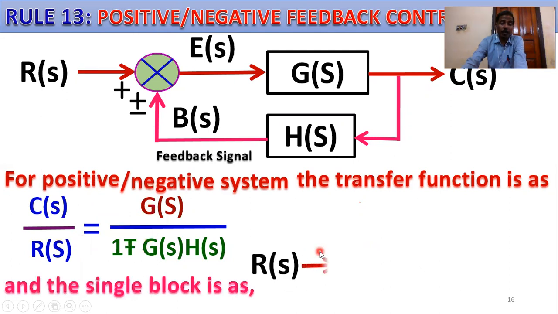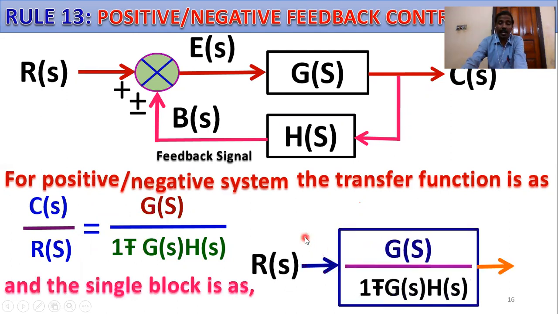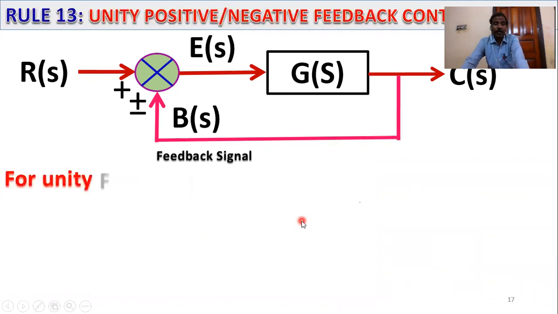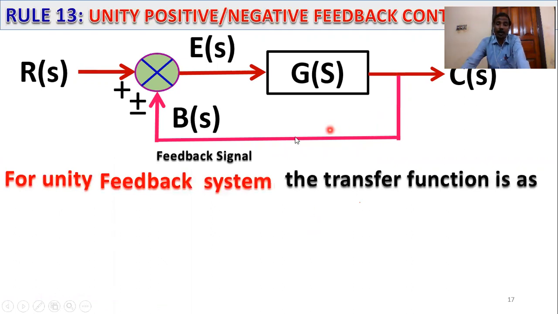And the single block diagram is R(S) reference input, C(S) controlled output, and the system gain G(S) by 1 minus plus G(S) H(S). Then the unity feedback path: this is the unity feedback path, because there is no gain in this case.